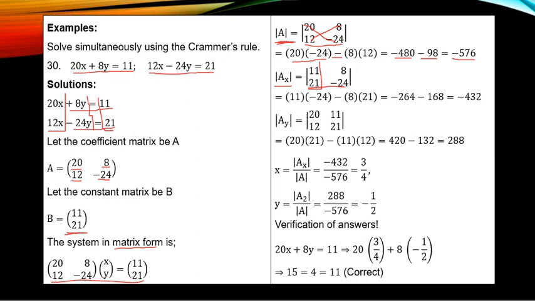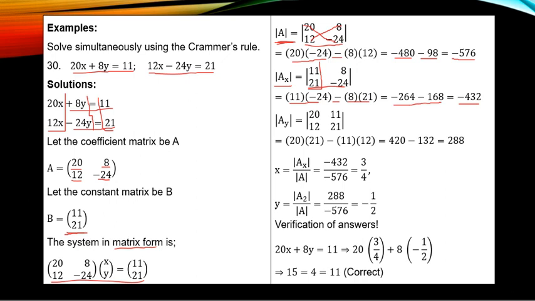So you look for the determinant as well. This is the main diagonal minus the product of the other diagonal. That is minus 264 minus 168.